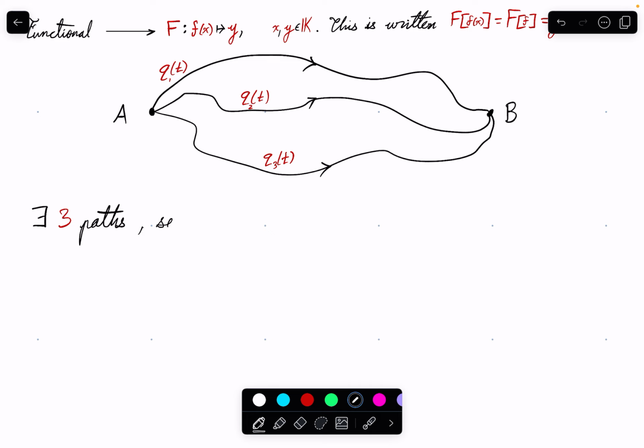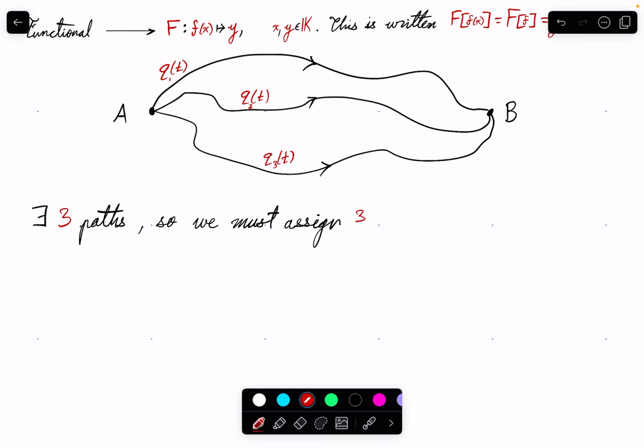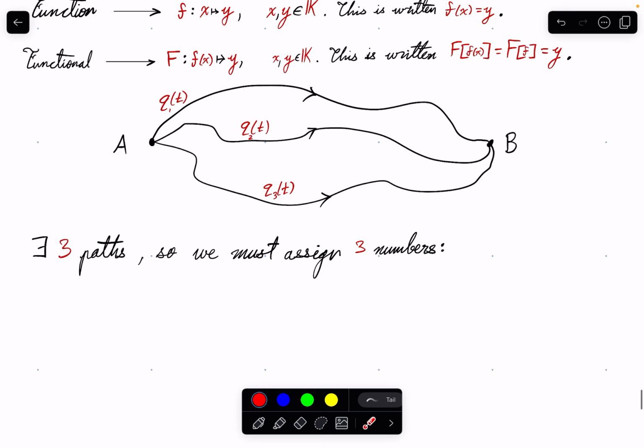So we must assign 3 numbers, because we need a number associated with each path in order to compare them. And so we need a functional, because these trajectories are functions. And so we're mapping a function to a number.